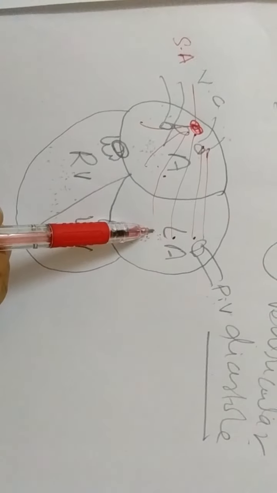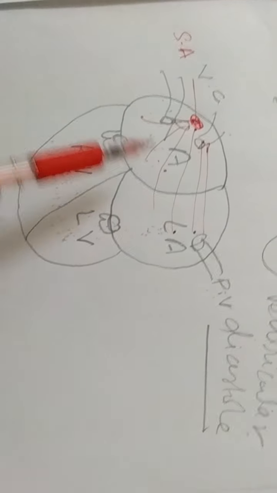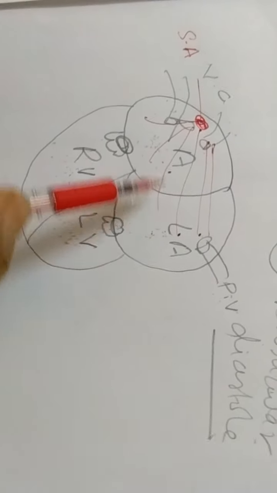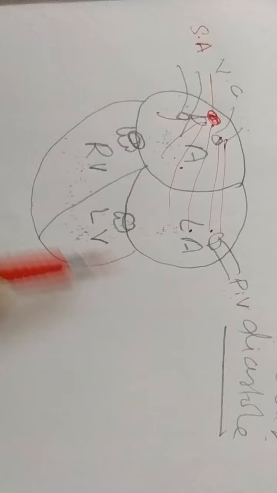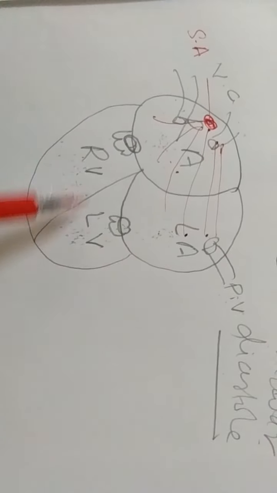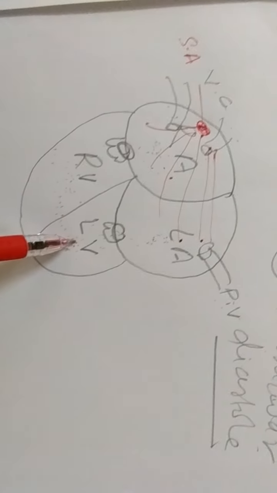When auricular systole starts, extra 30% blood from the auricle now flows into the ventricle. Now these ventricles get completely filled with the blood.